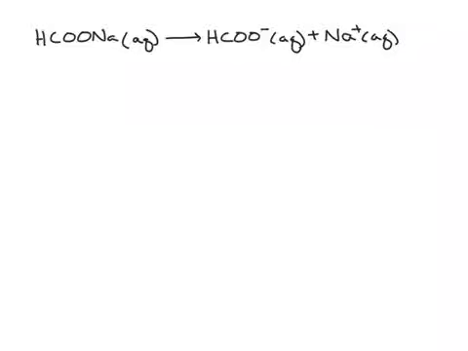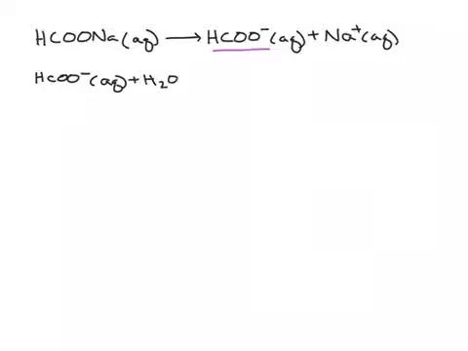So we've broken that up into its two separate ions, and then we're going to take the formate anion and add that to water, and that's going to be a Kb setup. So remember your generic formula for that.